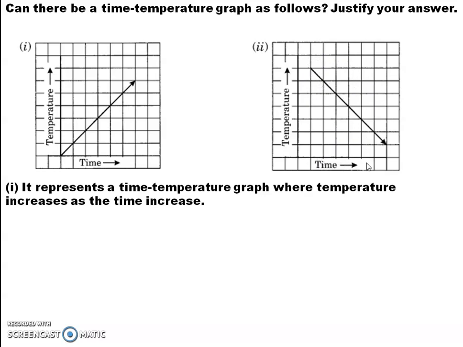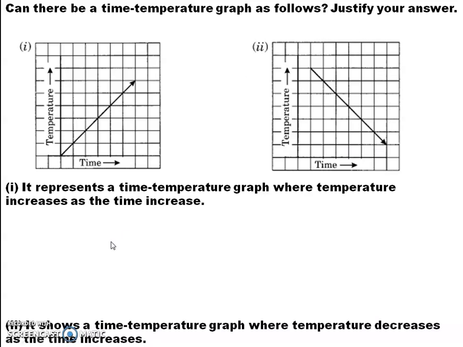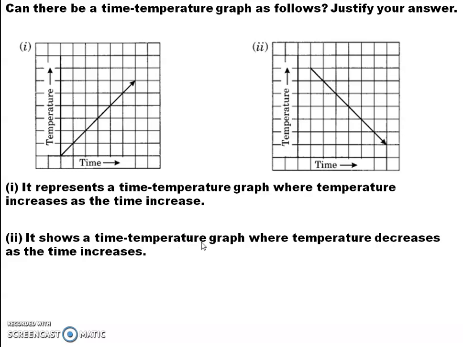When one quantity increases, the other quantity decreases. It shows a time temperature graph where temperature decreases as the time increases. So students, this is a graph of direct proportion and this is a graph of inverse proportion.